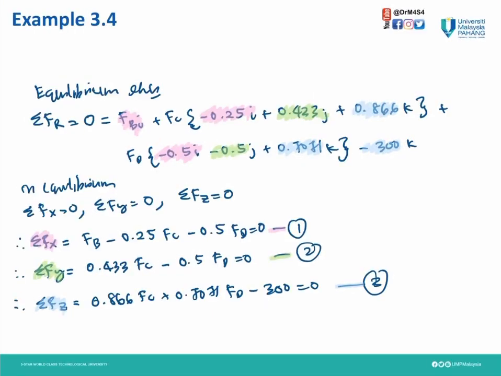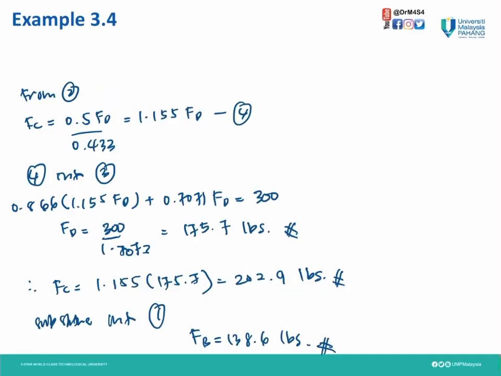We have three equations, so we have to solve them. First, from equation 2, we get FC. Then we get another expression, equation 4. Substitute 4 into 3. Then we get FD is 175.7 pounds.